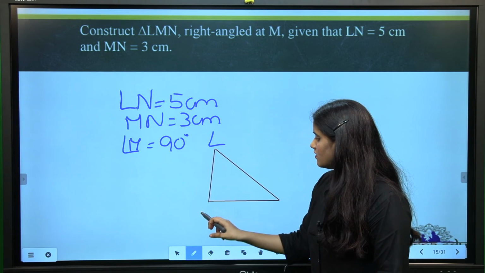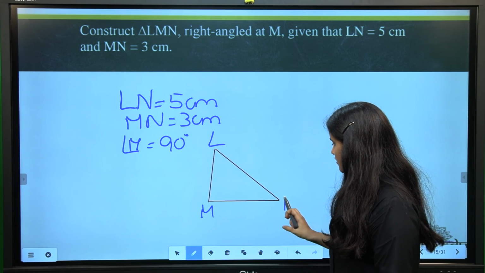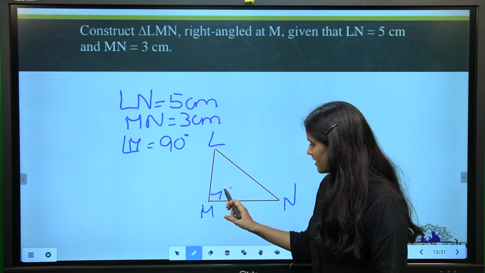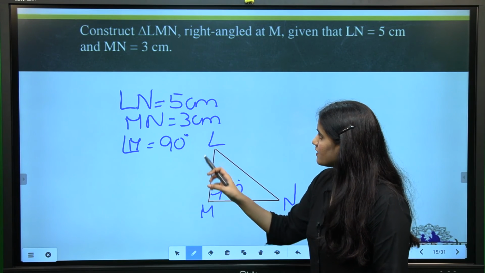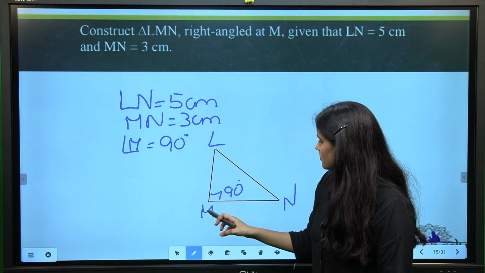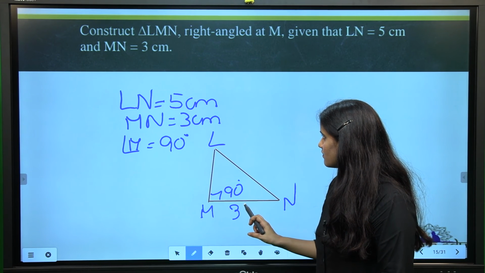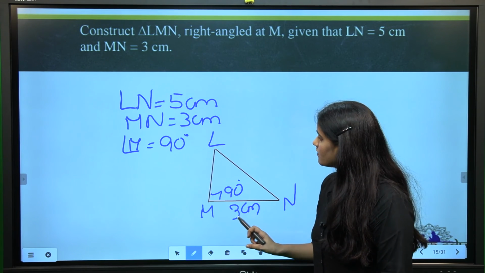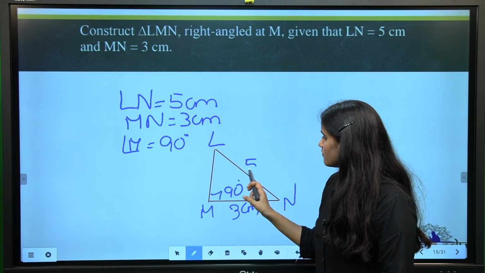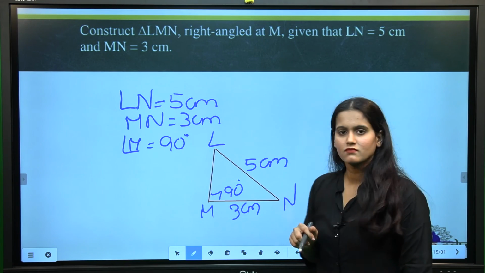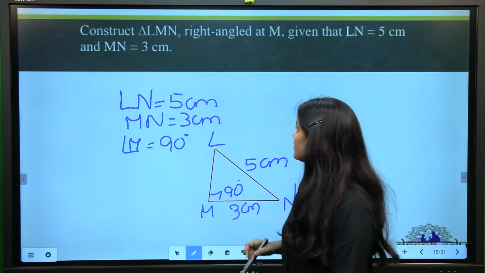So L, M, N. At angle M it is 90 degree. And they have given LN, right? Sorry, MN is given 3 centimeter and they have given LN as 5 centimeter. Okay, let's do the construction then.